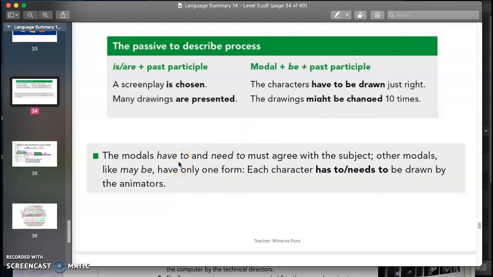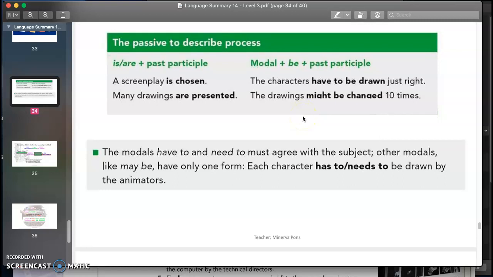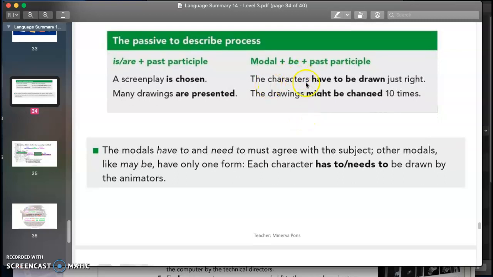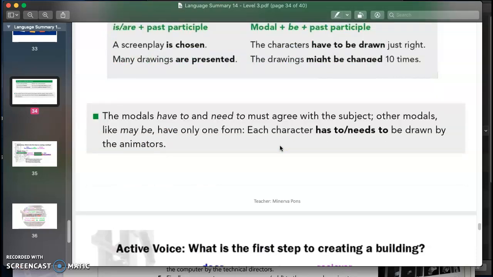But other modals like may or might have only one form. In here we use the characters in plural, have to, but then in here we have character in singular, so each character has to. For might or may, we leave it as it is.